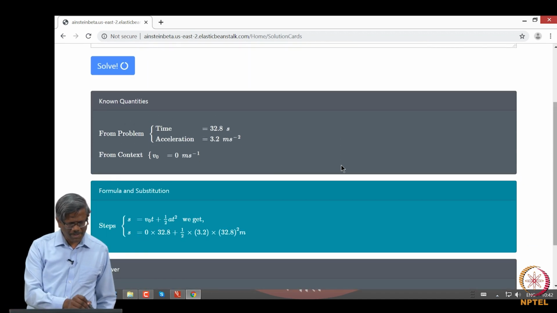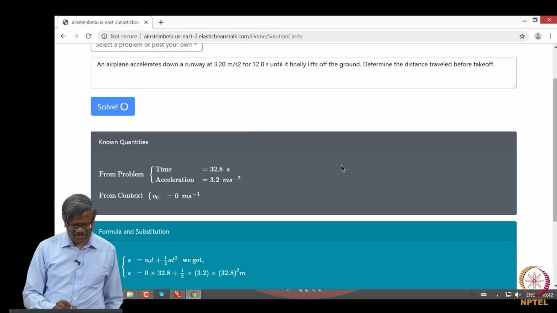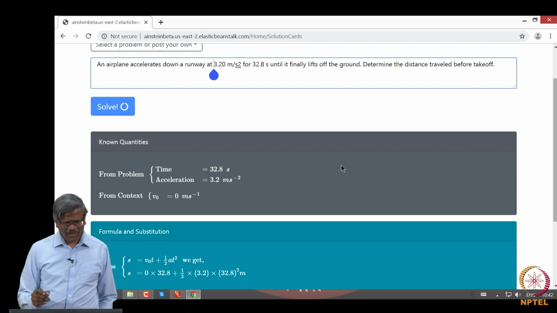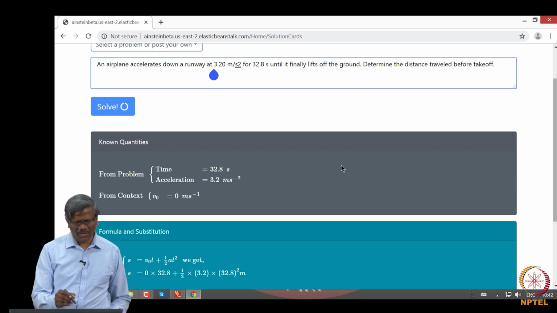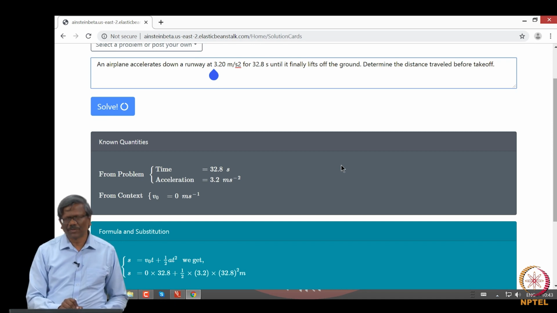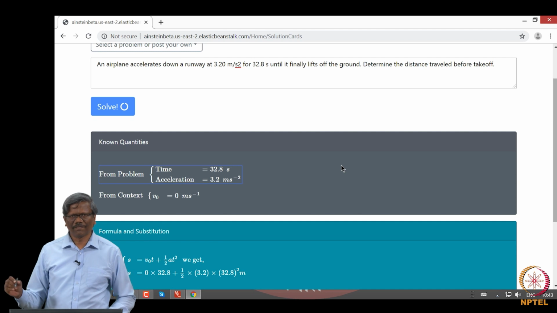So, for example, from the problem it says time is given. So, it has normalized, look at this, right. As I mentioned earlier, the problem gives 3.20 m/s². So, it understands that it could be meters per second squared, it could be the acceleration. So, it translates that into the normalized form. In the same fashion, 32.8 is the time, and then from the context it understands that it is starting from rest.